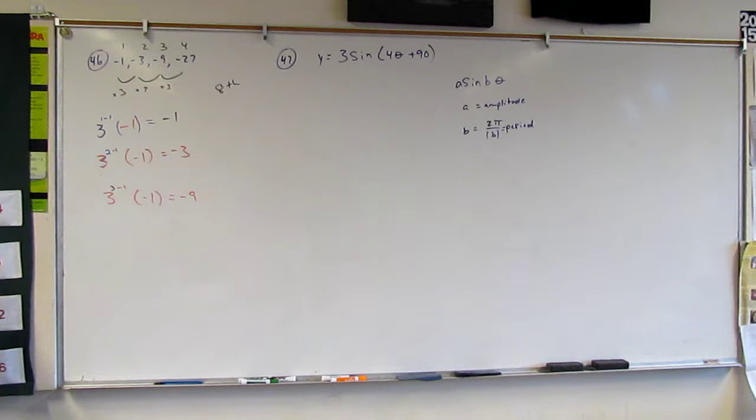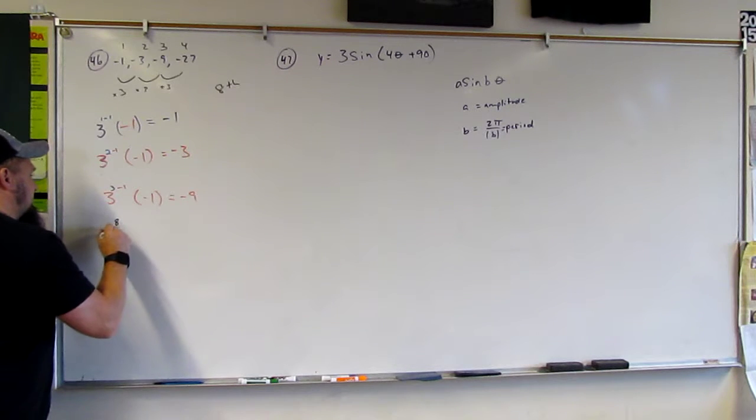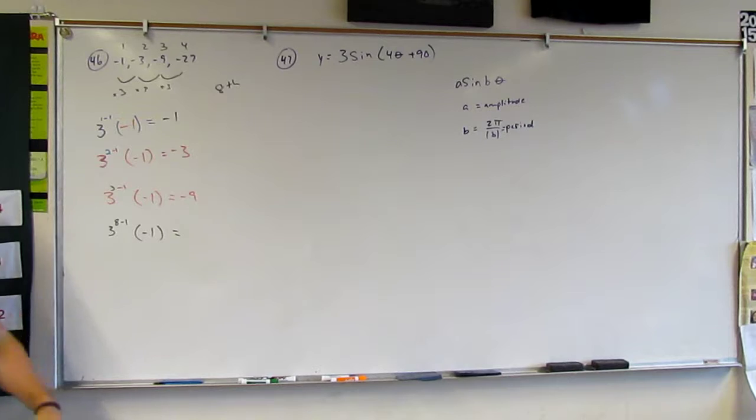So we could find out the 8th term, right? So now we're just going to go 8 minus 1. And that equals what? 3 to the 7th? 3 to the 7th.